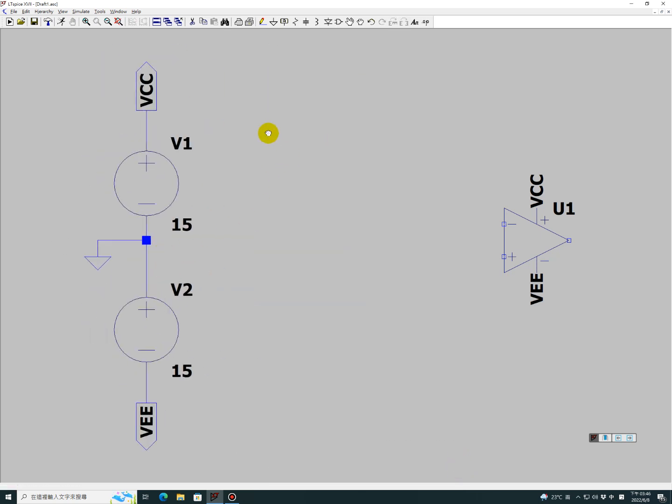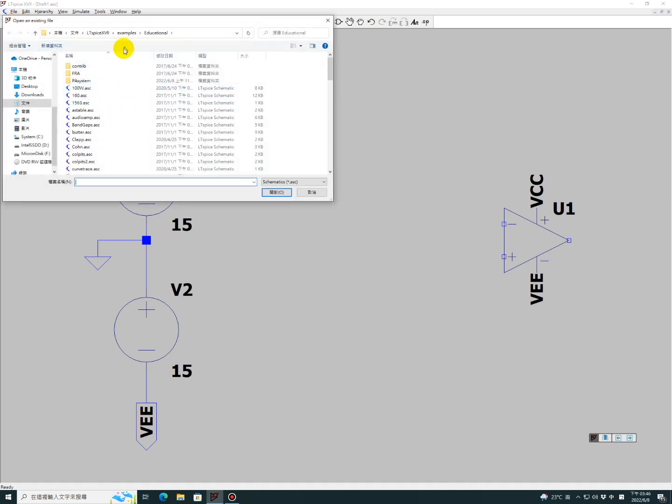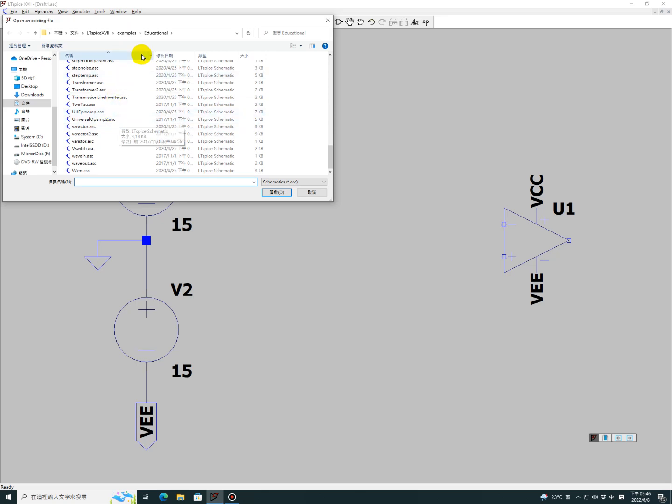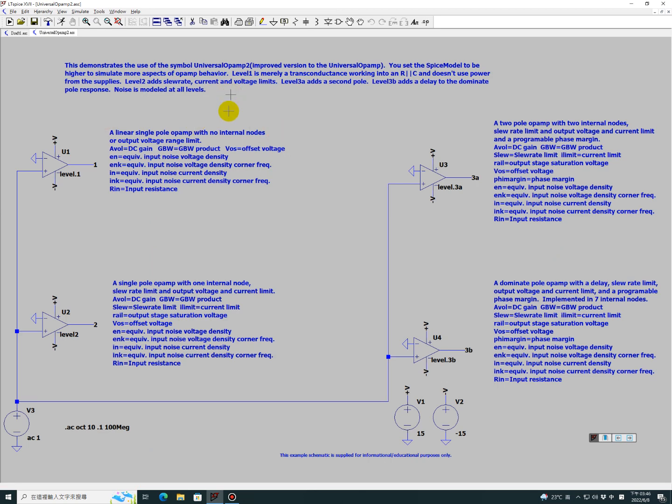Before we go further, let's check what the universal op amp model 2 is. Go to the examples here, and then go down to the educational section, where you have universal op amp 2. Here it tells you there are 4 levels: level 1, level 2, level 3, level 4. Basically most of the cases we use level 2.